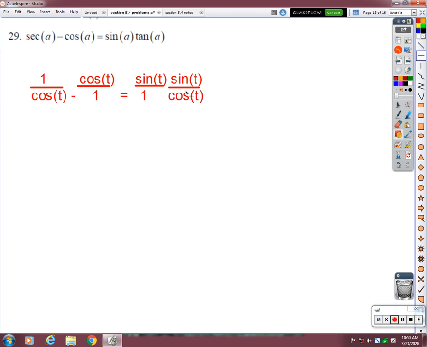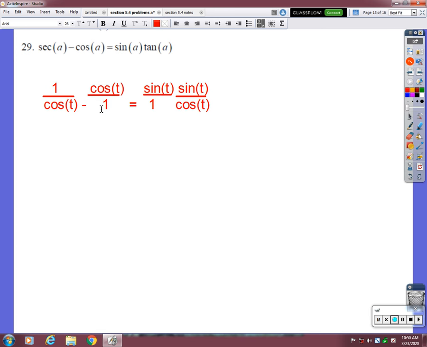Okay, so this I'm going to do the old common denominator game with. Make the denominator cosine. So the 1 over cosine already has a denominator of cosine. And then to make this one over here have a denominator of cosine, I'm going to have to multiply the top by cosine also, so that makes that into cosine squared, and then on the bottom I have cosine.